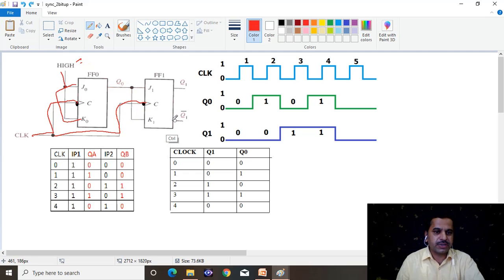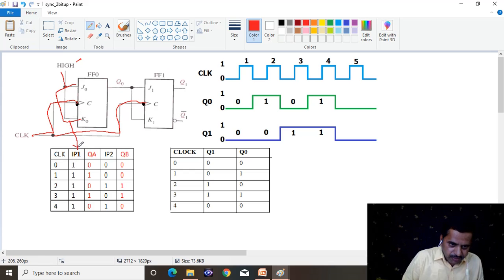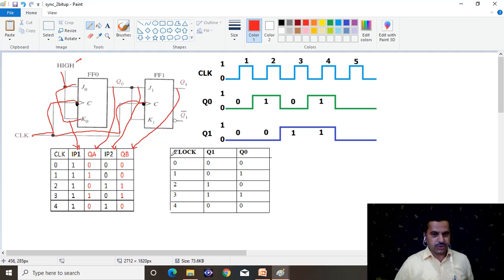Now let us see the working of this one. This is input 1, this is the QA output, this is input 2, and this is the output.